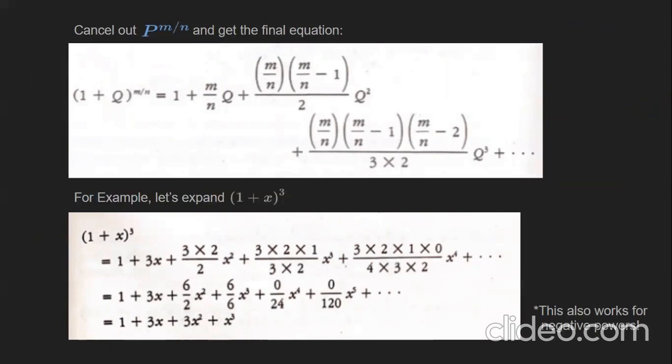Let me point out that this is a never-ending sequence. It goes on forever. So how did he use it? He expanded (1 + x) cubed. Let me back up.